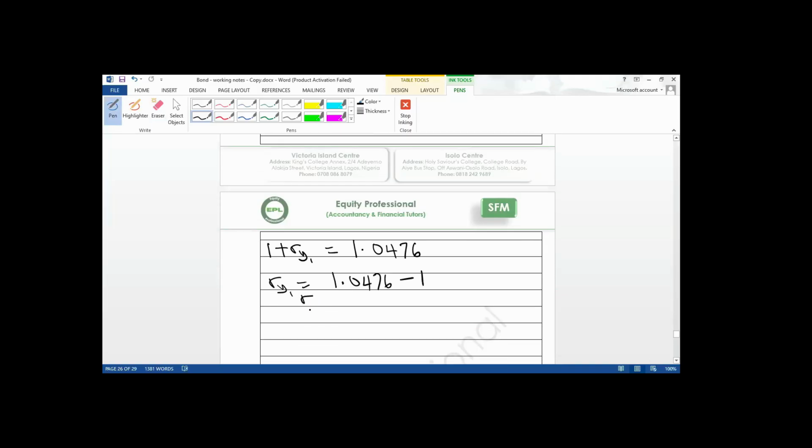R in year 1 is equal to 1.0476 minus 1. Therefore, R in year 1 is equal to 0.0476.